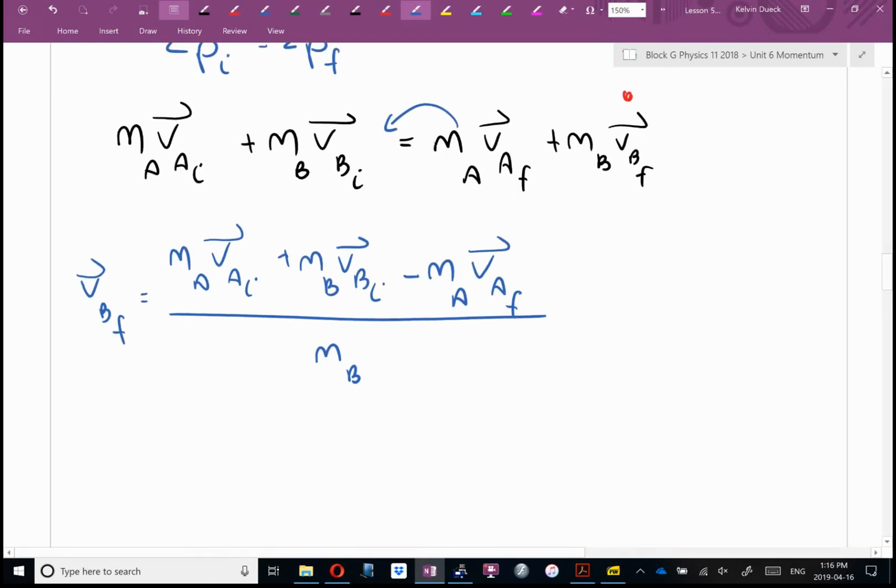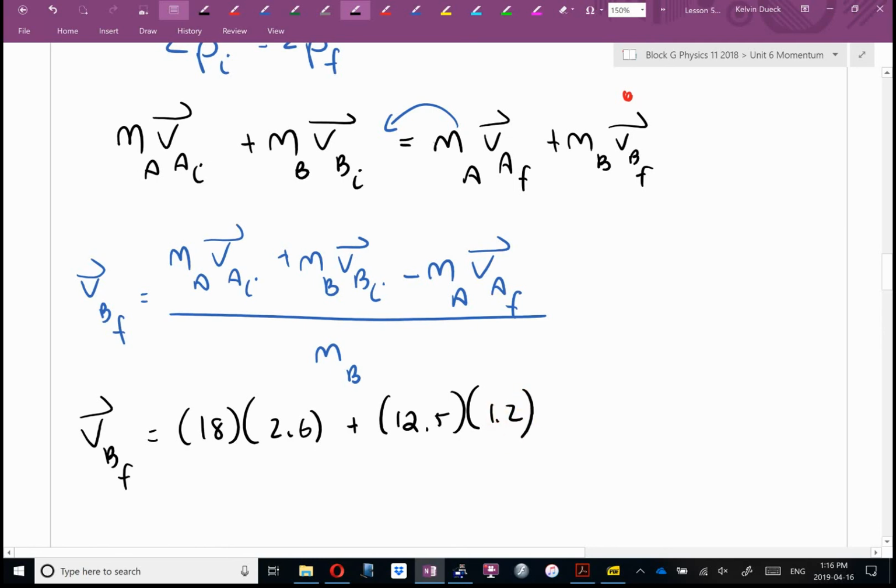All right, let's plug and chug, being very careful with negatives and positives here. Annika, mass A, was it 18? Yep. Velocity A initial 2.6. Plus mass B 12.5. Yep. Velocity B initial 1.2. Positive. Positive. Okay. Minus 18.